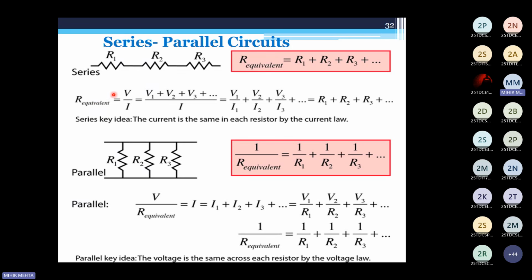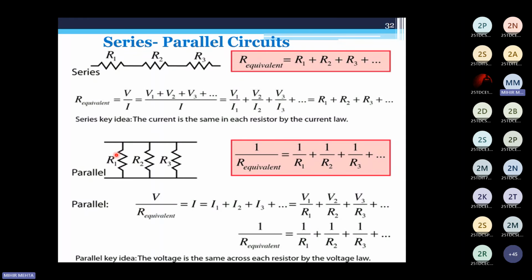So your R equivalent would be equal to V upon I, but the voltage drop across all the resistances would be different. So you have V1 plus V2 plus V3 upon I. Now, there is a small typographical error here. This has to be I and not I1, I2 and I3. So using this, you can convert this into R1, R2 and R3.